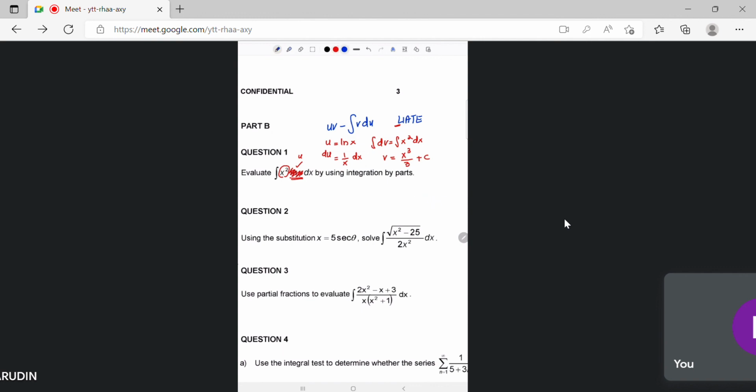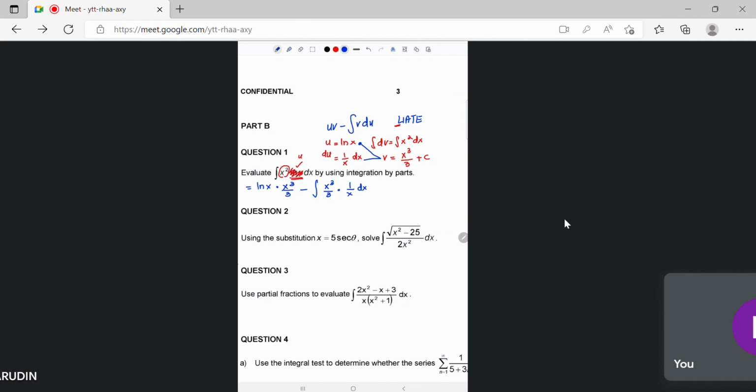Dah dapat. Masukkan dalam formula. UV minus V du. Okay. So equal to UV, ln x times x cubed over 3 minus v, x cubed over 3, du, 1 over x dx.